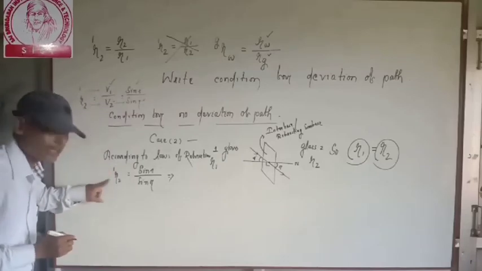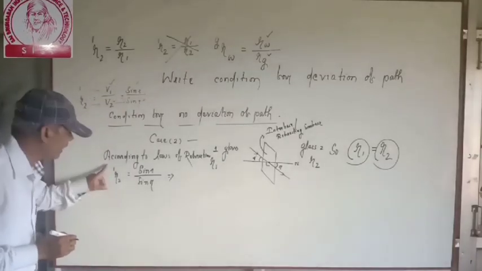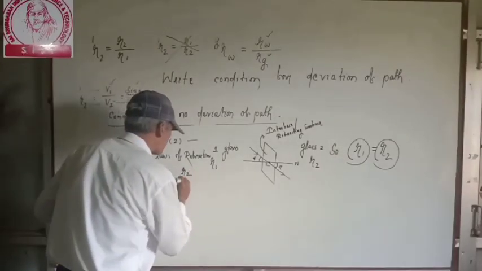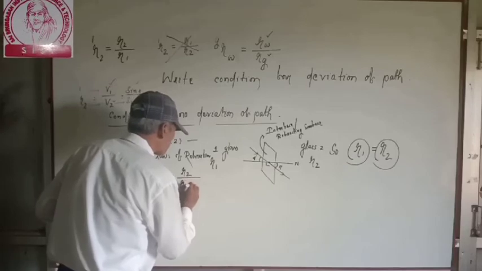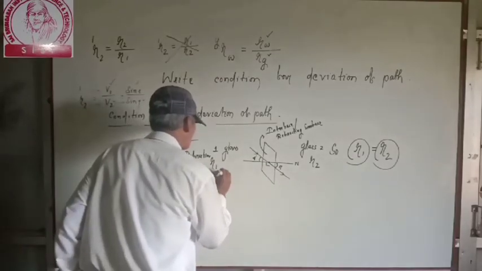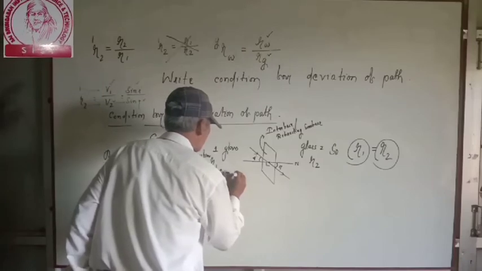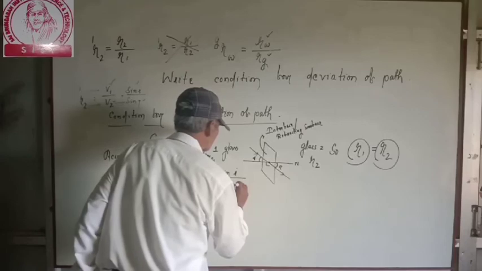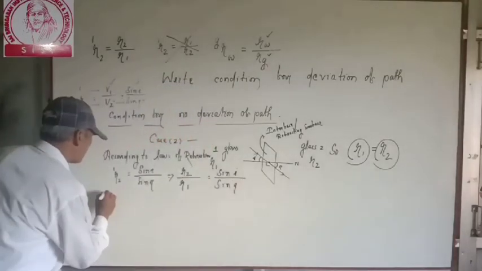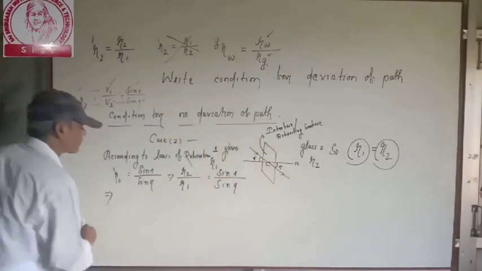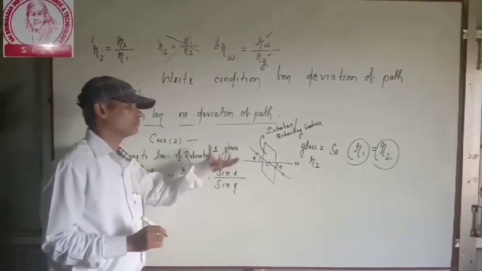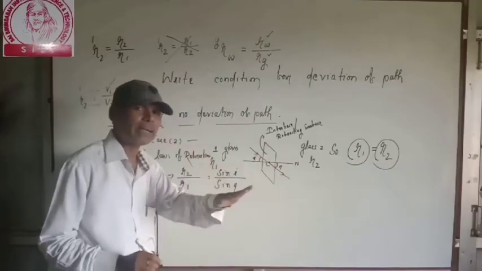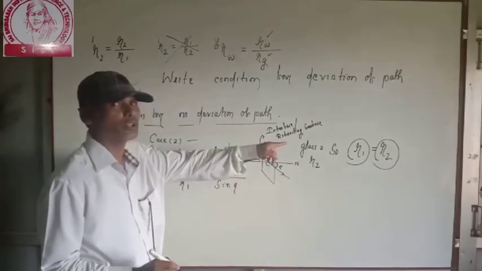This is the relative refractive index. 1 mu2 is mu2 by mu1, which is equal to sin i by sin r. Both sides of the interface are made of the same material, that's why mu1 is equal to mu2.